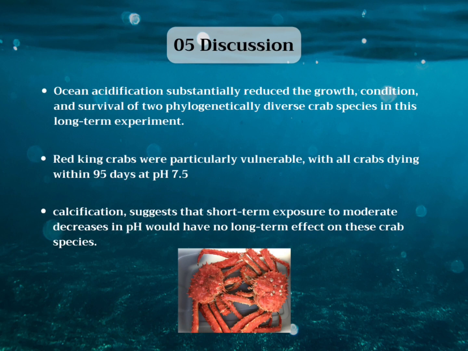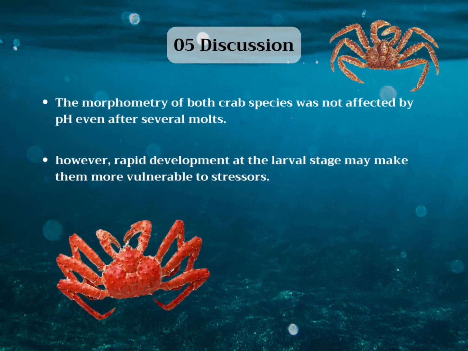Next, these findings suggest that short-term exposure to a moderate decrease in pH will have no long-term effects on the crab species. Next, the morphometry of both crab species was not affected by pH even after several months. Next, however, larval development as the larval stage makes them more vulnerable to stress.